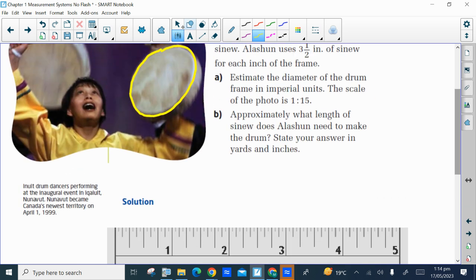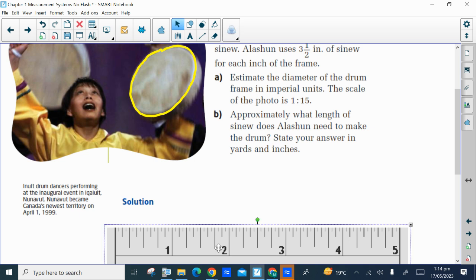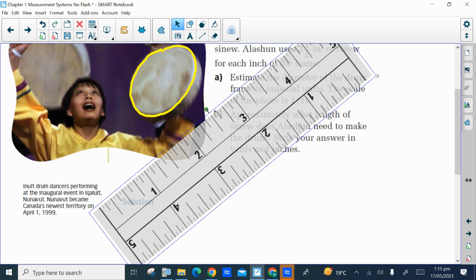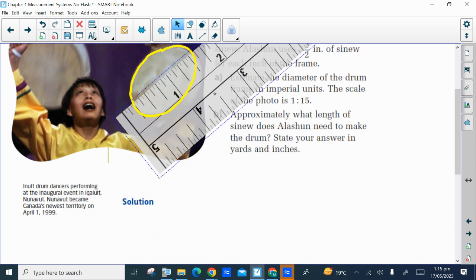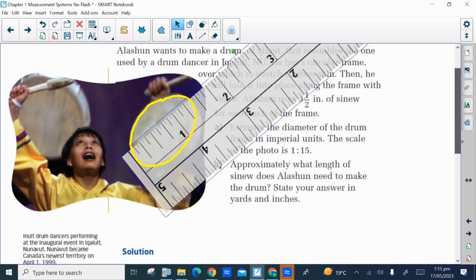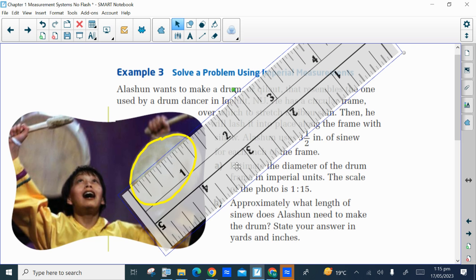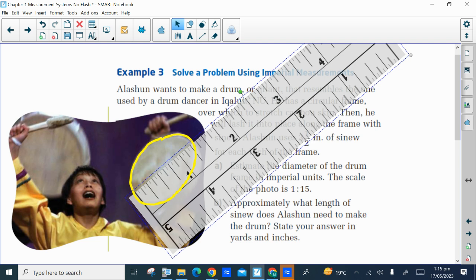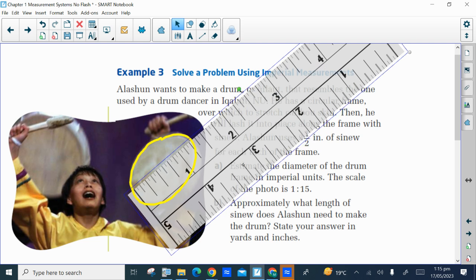So, once again, we need to grab the ruler. And we need to use it to measure the diameter of this drum. So, it looks like it is 1 and 1, 2, 3, 4, 5/16 of an inch.